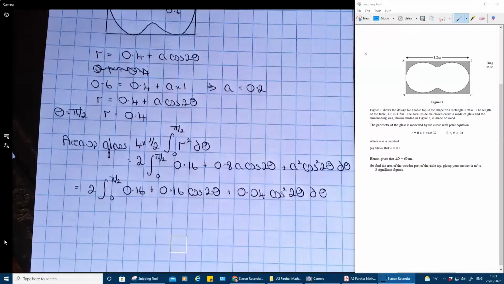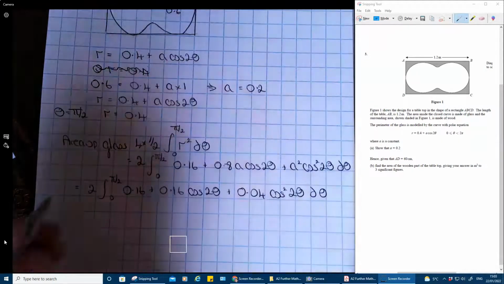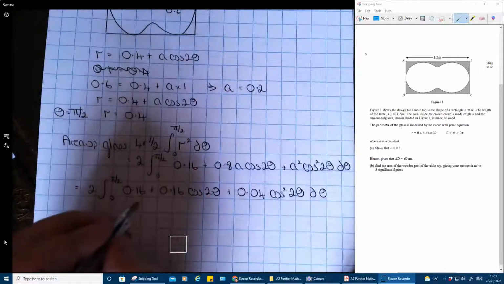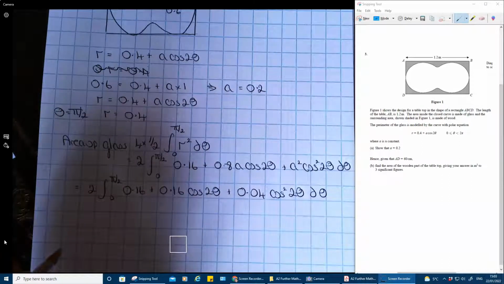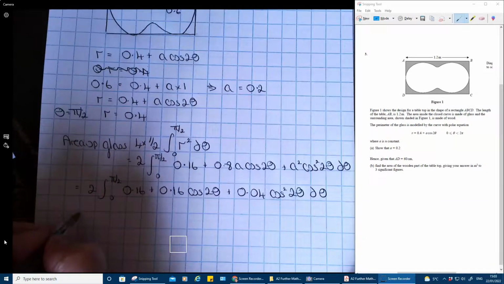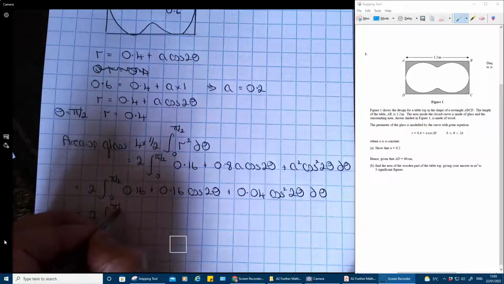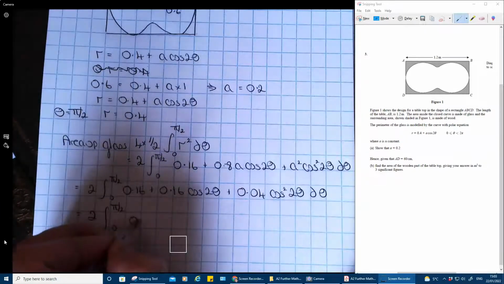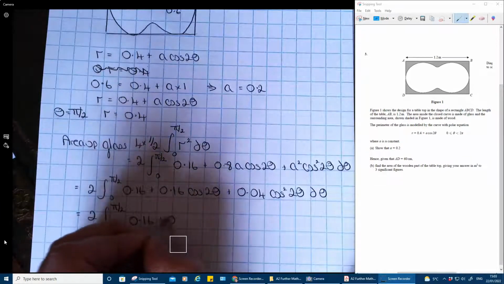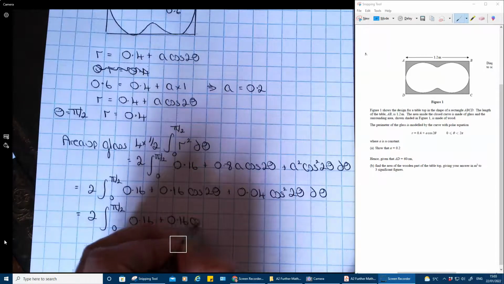Okay, so we'll leave those in for a minute. I was going to take a factor 0.16 out. I'll do that in a minute. So 2 times the integral. The first two parts are easy enough to integrate.